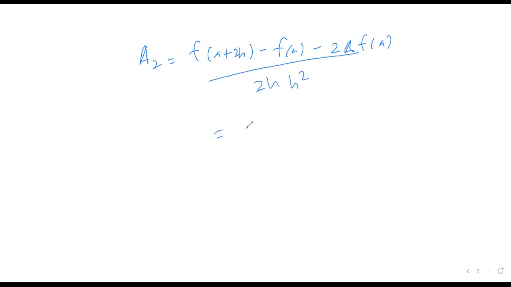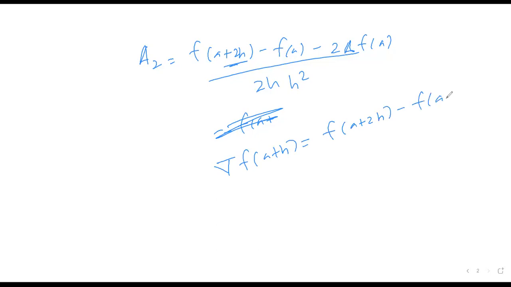Okay, add and subtract delta fa. Okay. So from where? What is delta f of a plus h, which is equal to f of a plus 2h minus f of a plus h, no? So correct.